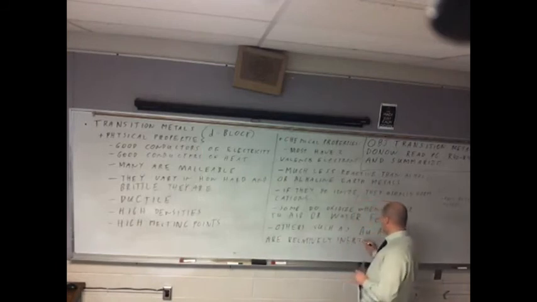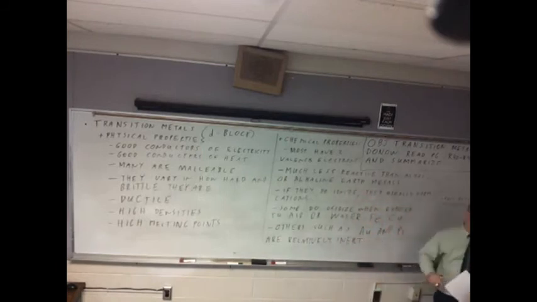What does inert mean? They don't react. They generally don't react with hardly anything. And that's one of the reasons they were good for currencies, right? Because they last a long time. They don't corrode away like iron does. If you're making a currency 1,000 years ago, you wouldn't want to use something that gets used up or destroyed easily. So gold, platinum, silver, all the precious metals generally last a long time.